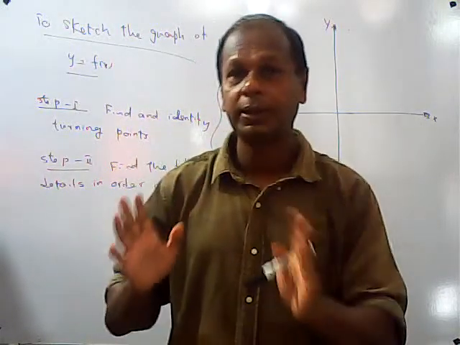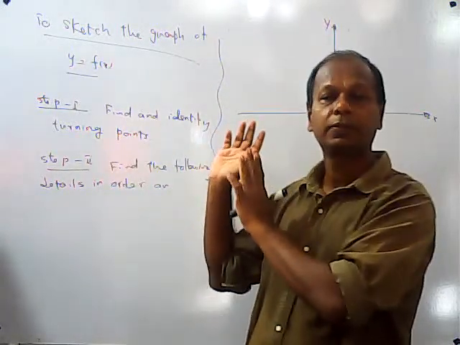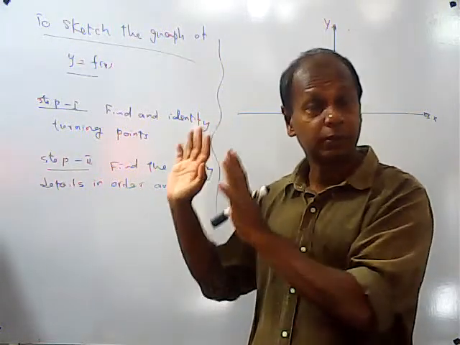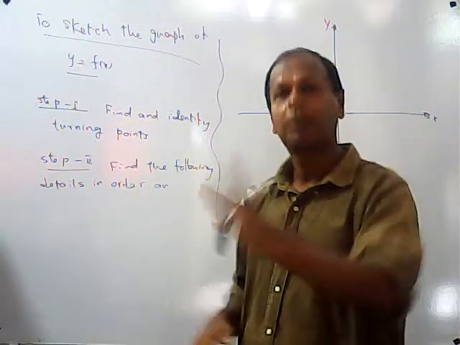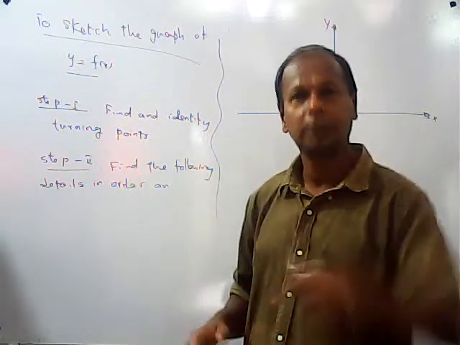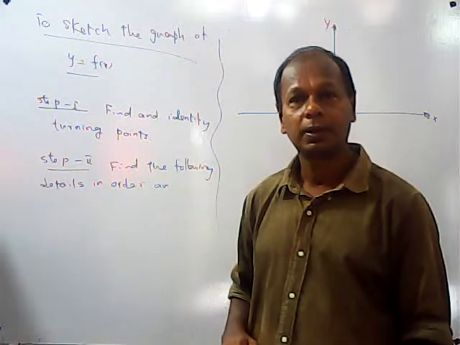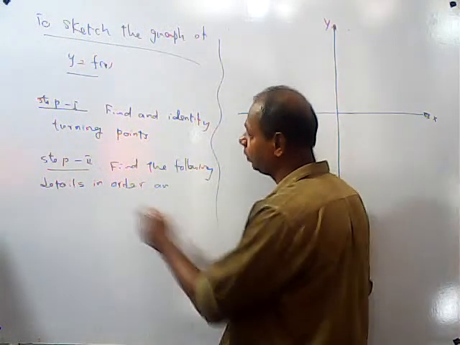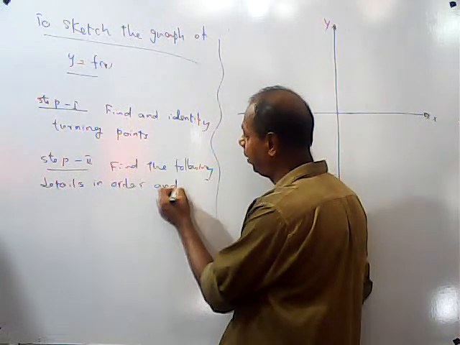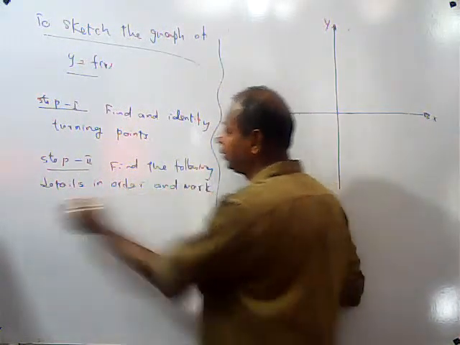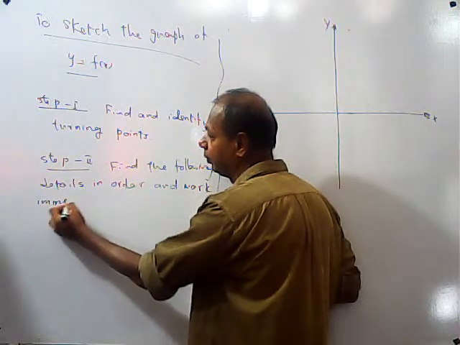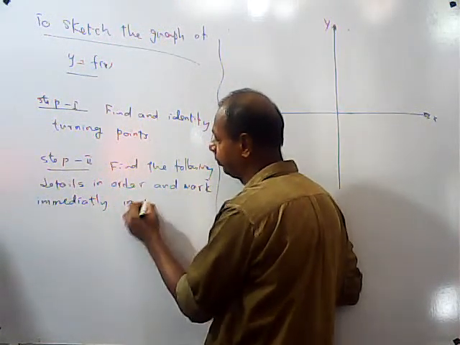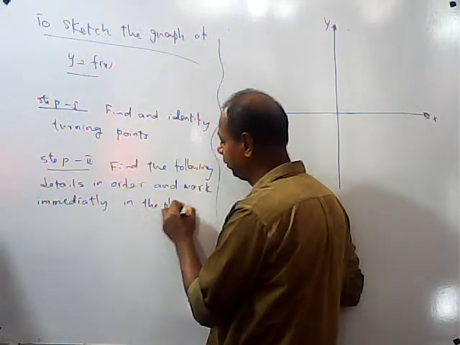Don't collect all the data and mark it finally on the plane. You find something, immediately go to the plane and mark it. Then only go to the next information, in order, and mark immediately in the plane.